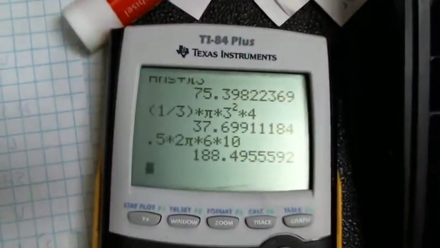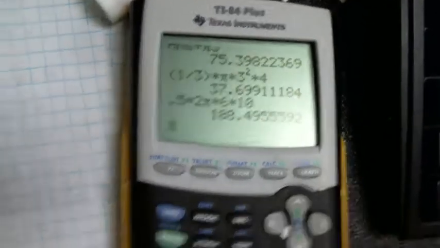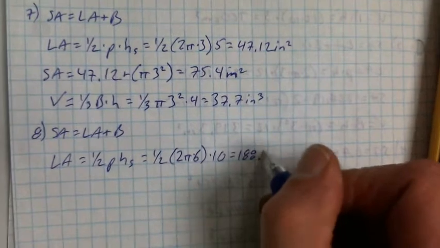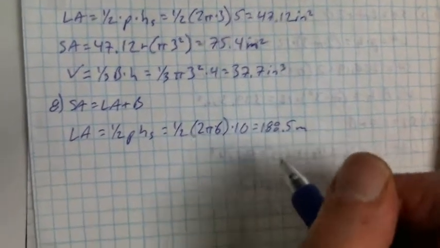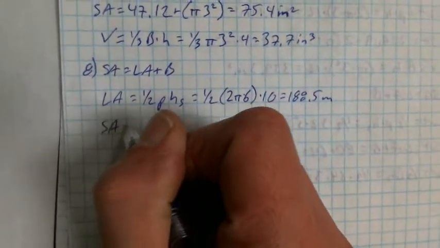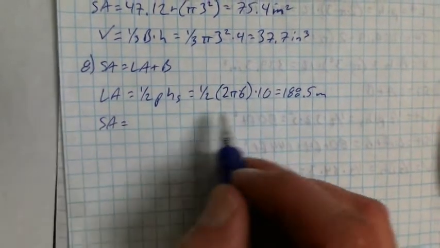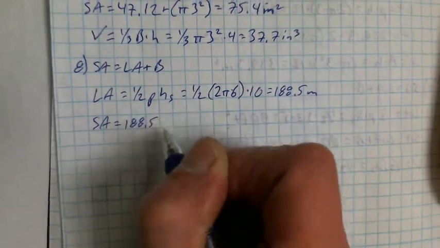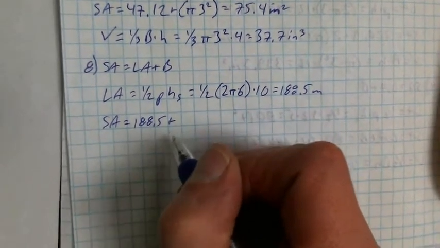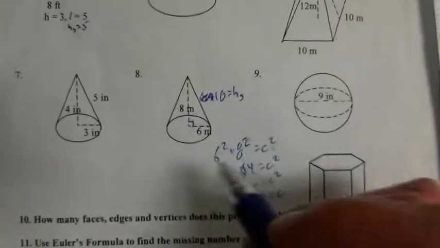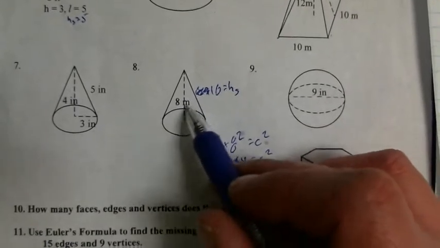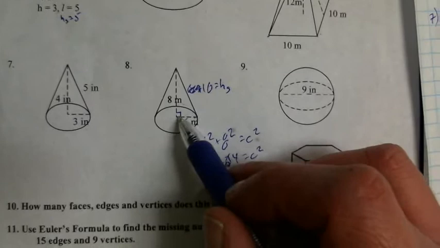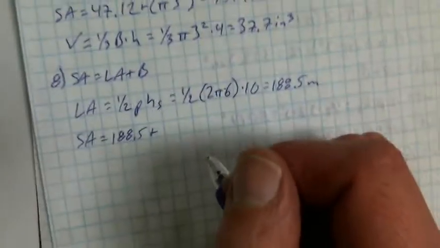That's 188.5. We're working in meters. Surface area equals lateral area plus base. So lateral area is 188.5 plus the base. The base is a circle whose radius is 6, so that's pi r squared, where r is 6.